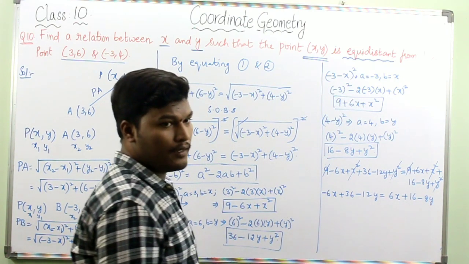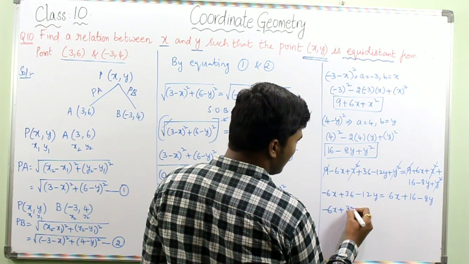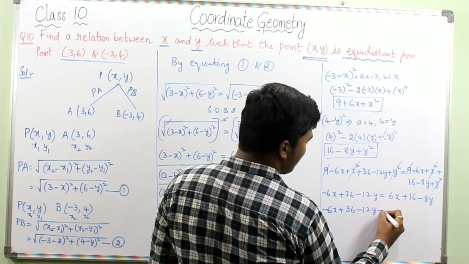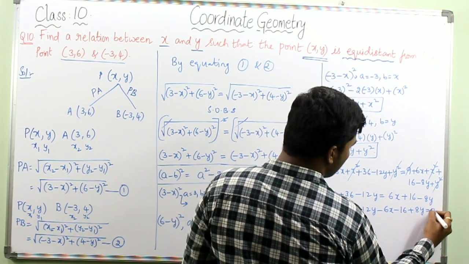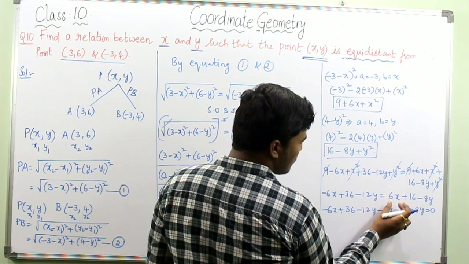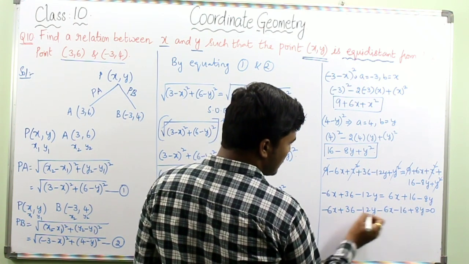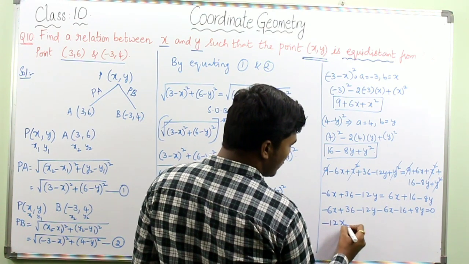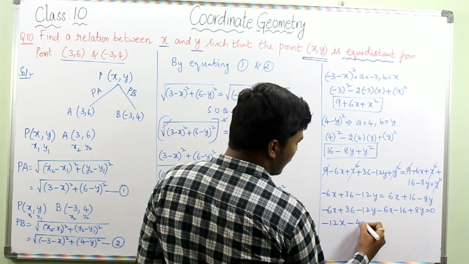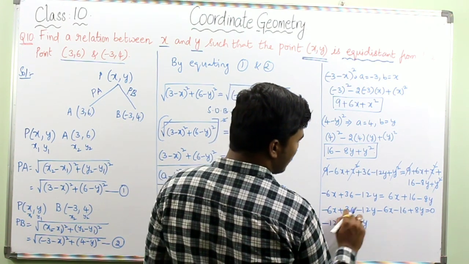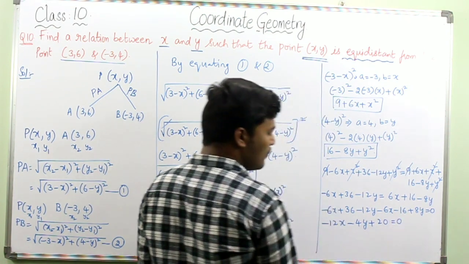Let us get all the terms to one side. It will become minus 6x plus 36 minus 12y minus 6x minus 16 plus 8y is equal to 0. When I am shifting these terms to the left hand side, I am changing their respective symbols. So minus 6x minus 6x becomes minus 12x, minus 12y plus 8y becomes minus 4y, and 36 minus 16 becomes plus 20, is equal to 0.